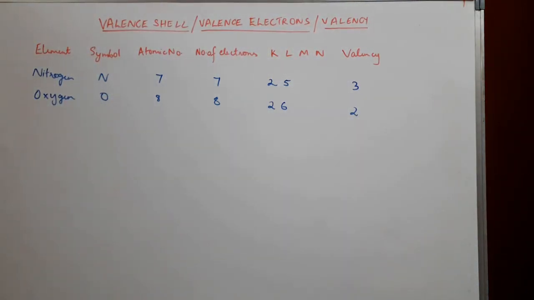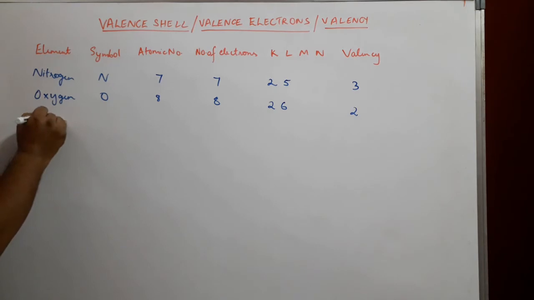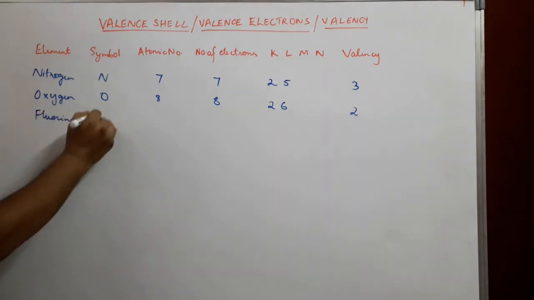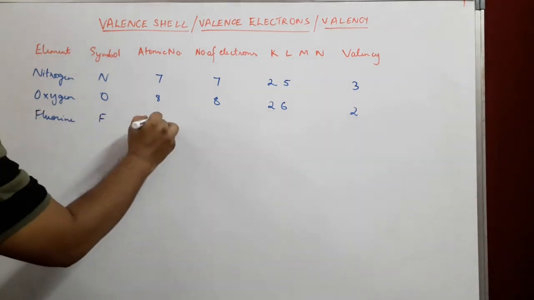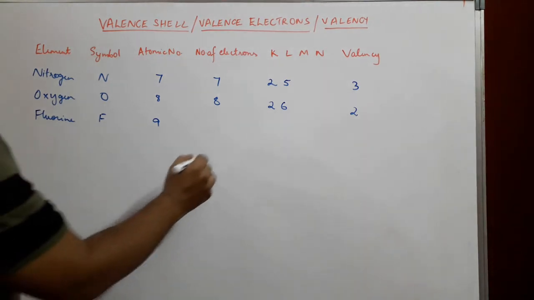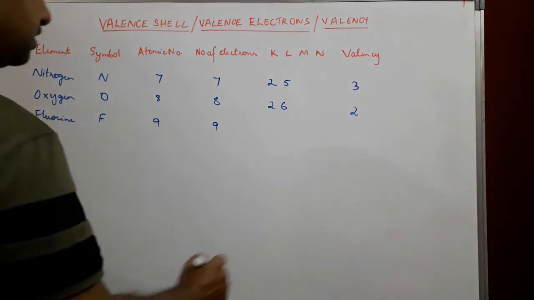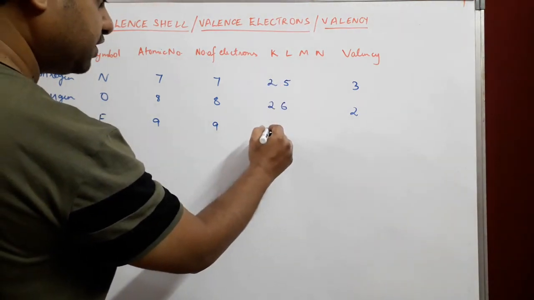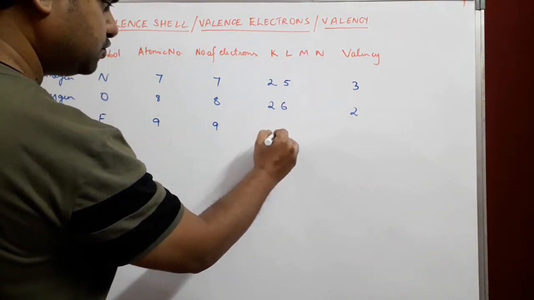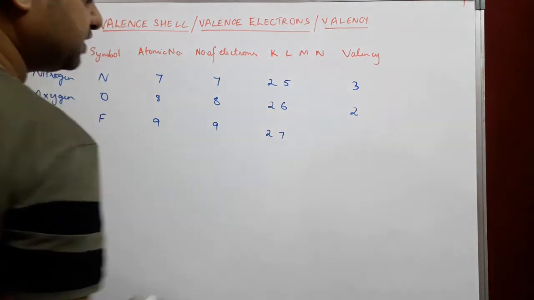After oxygen comes fluorine at number 9. So fluorine, symbol is F, and it has an atomic number 9. So the number of electrons would be 9 as well, and the configuration would be 2 followed by 7.